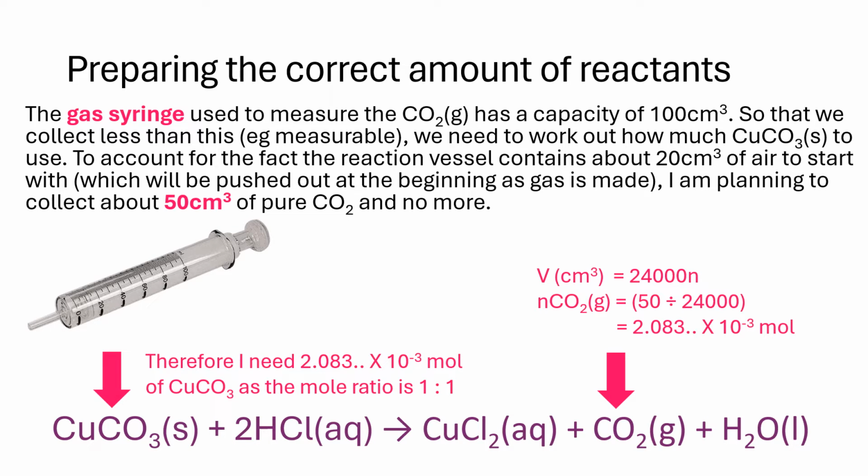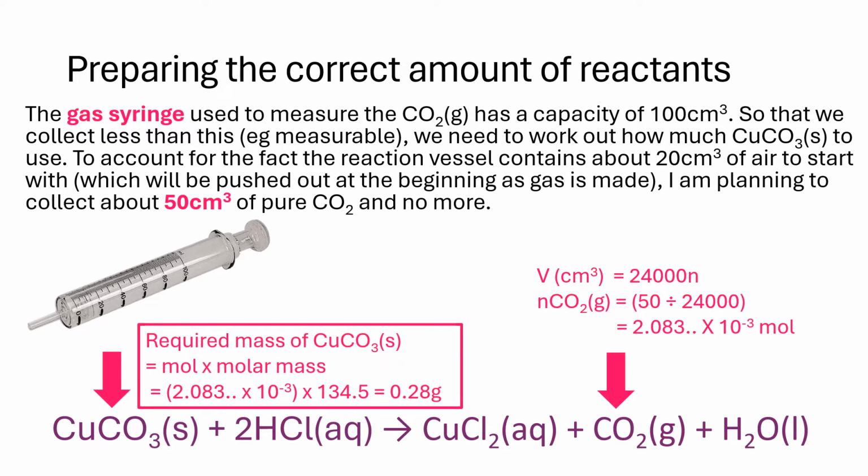Because the mole ratio is 1 to 1, I need that same amount of moles of copper carbonate. So converting that to a required mass by multiplying it by the molar mass of 134.5 that we worked out before, that means 0.28 grams is what we need.